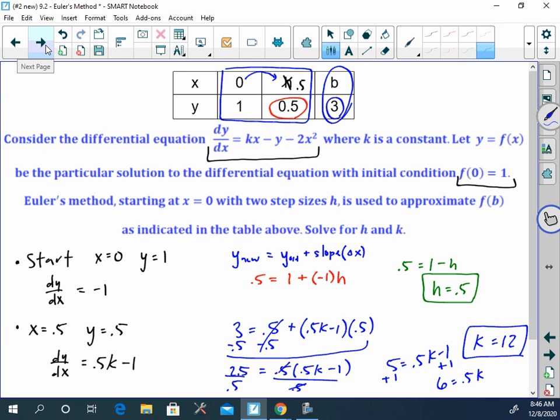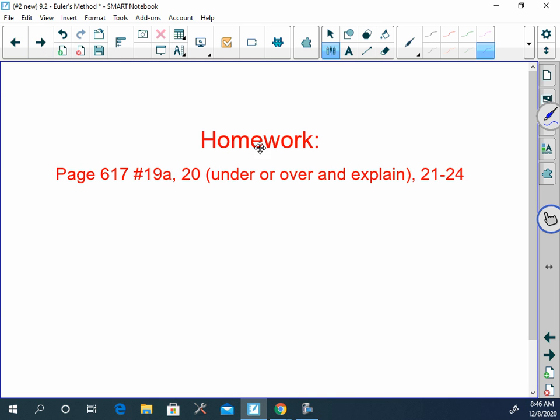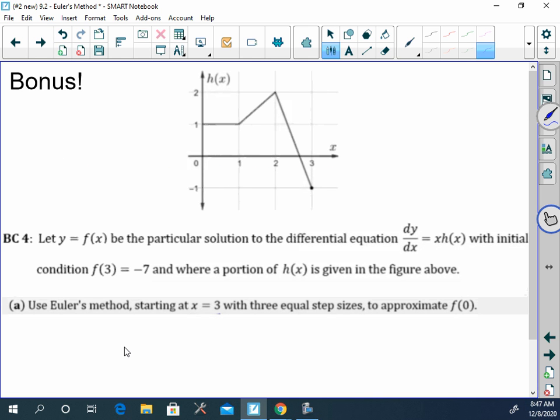Okay, then what we have for homework is this in your book. I still have to post the homework pages and the answer key, but I'll post those here in just a moment. And then there is this bonus problem here too. The bonus problem, it's just for you to try for homework, okay?